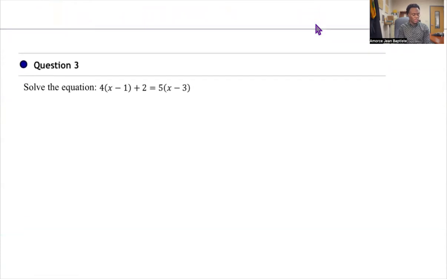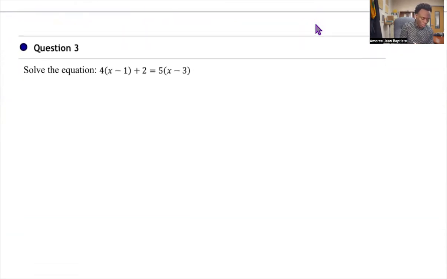Now, number 3, it says solve the equation. So we're going to distribute, because whenever you see parentheses, you may want to cancel the parentheses. So you have 4x minus 4 plus 2 equals 5x minus 15.